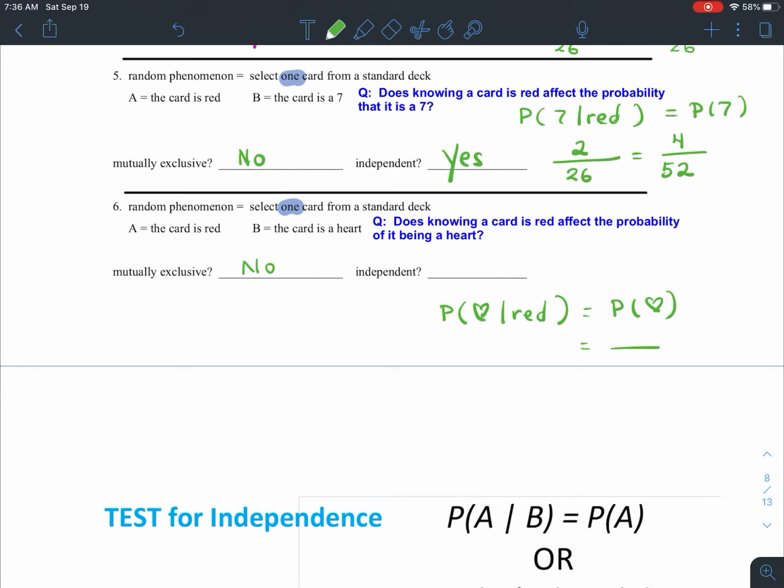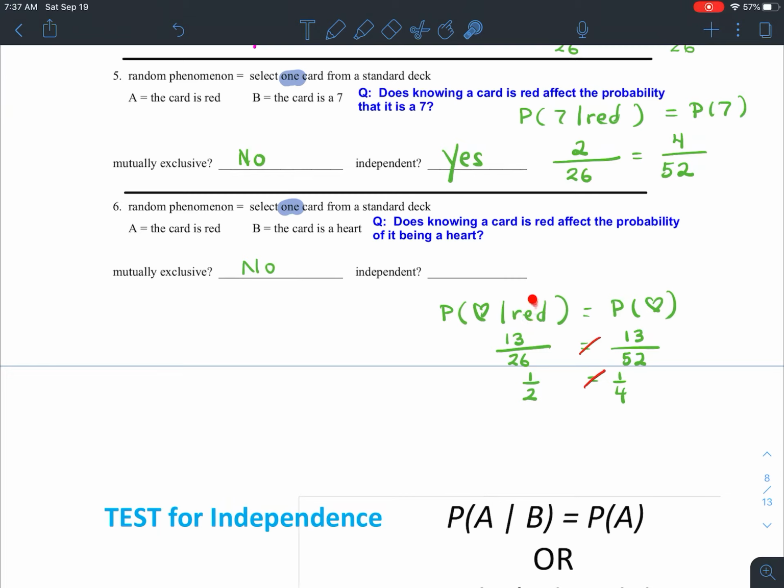Let me go ahead and show that given that it's a red card, what's the probability that it's a heart? And is that the same as just the probability of selecting a heart? A heart card is 13 out of 52. That would reduce to 1/4. Given that a card is red, so that's 26 red cards, what's the probability of getting a heart?